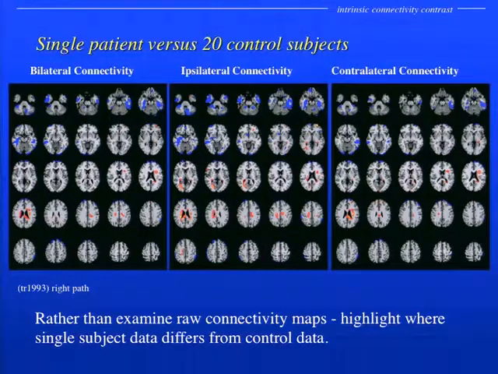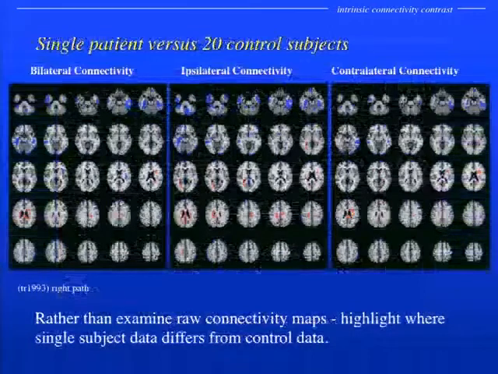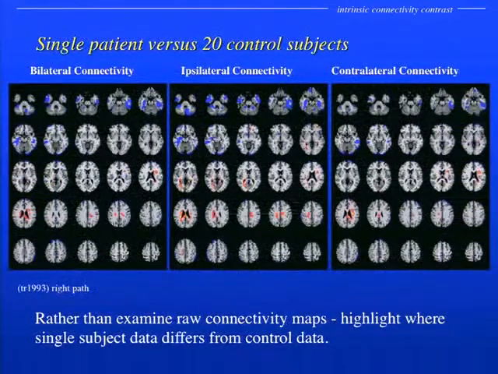But there are some theories in bipolar disorder that it's a disconnection across the hemispheres, and so this difference in ipsi versus contralateral might be very useful for that sort of assessment. And what does a map of a single subject versus 20 subjects look like? This is a single non-patient control subject versus 20 control subjects.